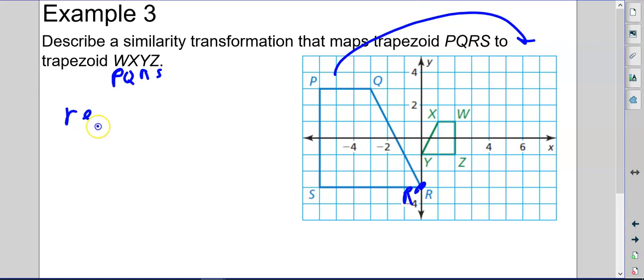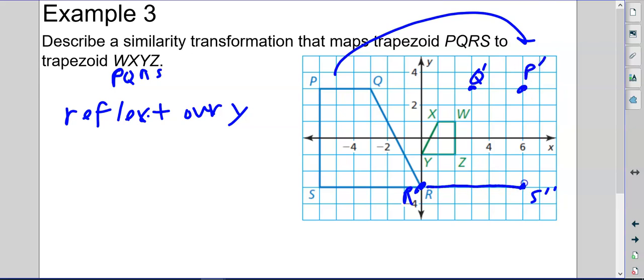Okay? So if I do that, R prime is going to stay right here because it's on the axis. So I'm going to reflect over Y. Now, S is 6 spaces away, so S prime will be 6 spaces away from Y. Q is 3 spaces away to the negative side, so this is going to be 3 spaces away over here for Q prime, and P is right above S, so P prime is going to be right there.